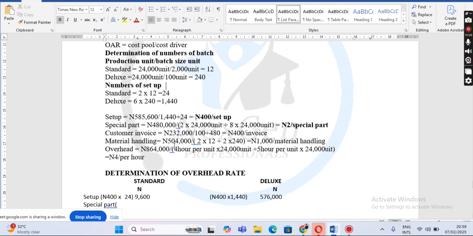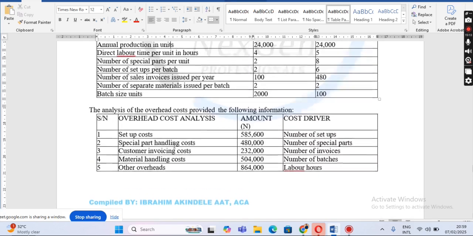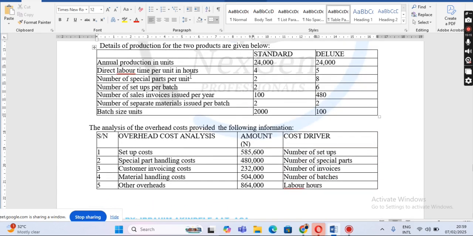So we'll quickly go back and check. It's based on special parts. Now you can see that special parts here, you can see the numbers of special parts per unit. Is that not so? And don't forget that special part handling is based on the numbers of special parts.